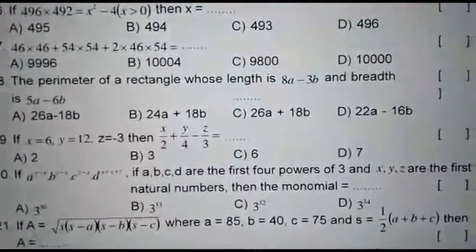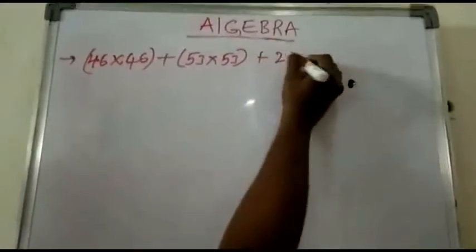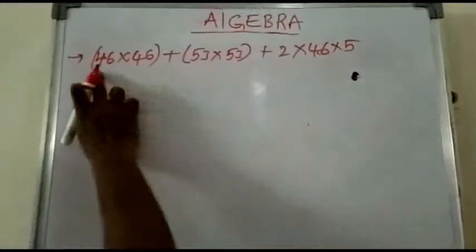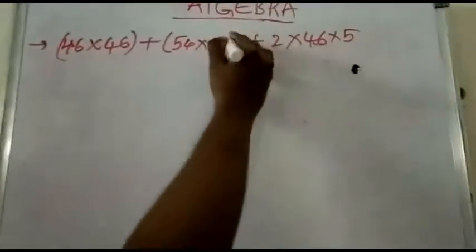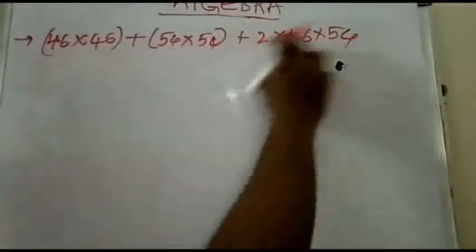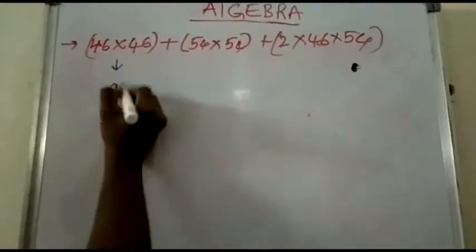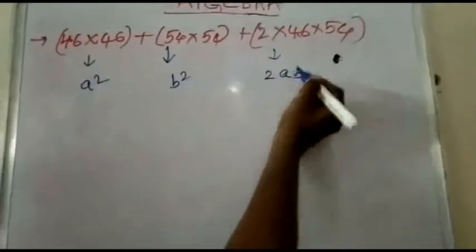The question given is 46 into 46 plus 54 into 54 plus 2 into 46 into 54. So it is resembling a square plus b square plus 2ab.